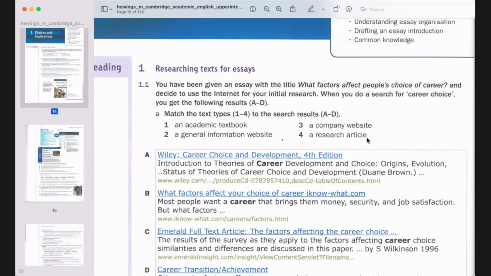Okay, a company website. So will it be useful for our future essay? Company website. Maybe a company is doing something that's related to our topic, and we can find information about it.